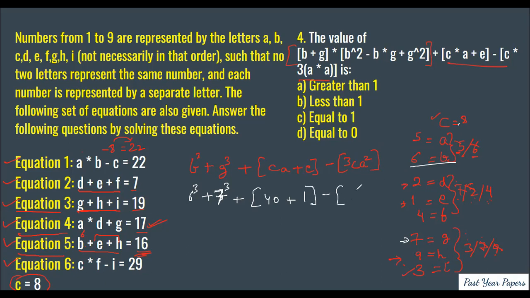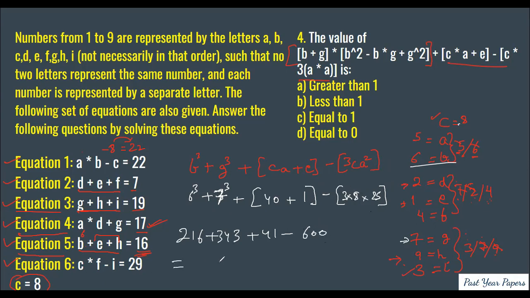Minus 3 times CA square. What is 3 times C? 3 times 8 into A square. What is A square? 25. Okay, let me solve this. 216, 343 plus 41 and minus this will give me 24. 8 times 25 is 200. 200 times 3 is 600.